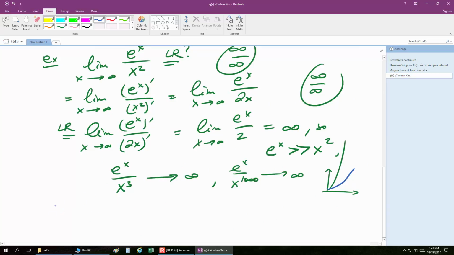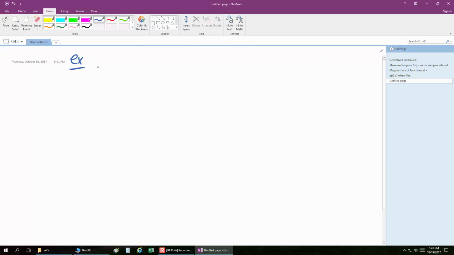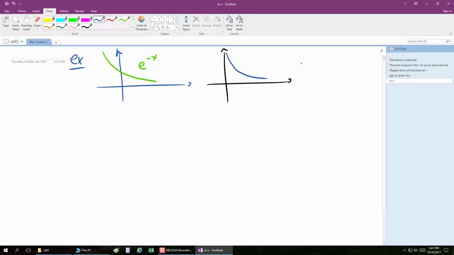So, for example, if I have the exponential decay, e to the negative x, compared to any polynomial decay, such as 1 over x, which is just a regular 1 over x function. Which one goes faster to 0? To compare, you have to evaluate the limit of e to the negative x over 1 over x.